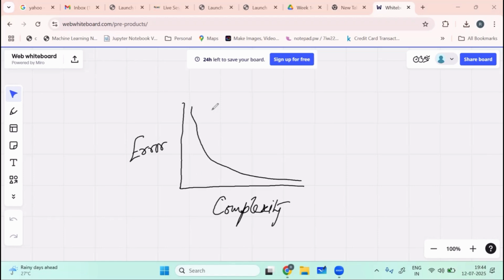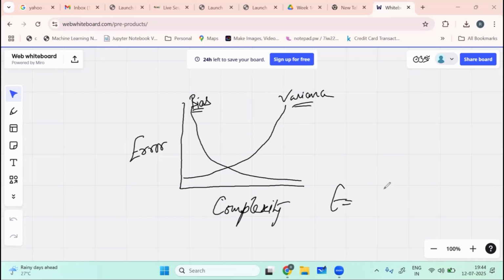The error is high because of bias. The error is also high when complexity increases. This is because of variance. So for sure, a very rare situation would be that variance is also high and bias also high, because there is a huge gap. And the most probable thing is that if complexity is increasing, variance is increasing. When it is decreasing, bias is increasing.